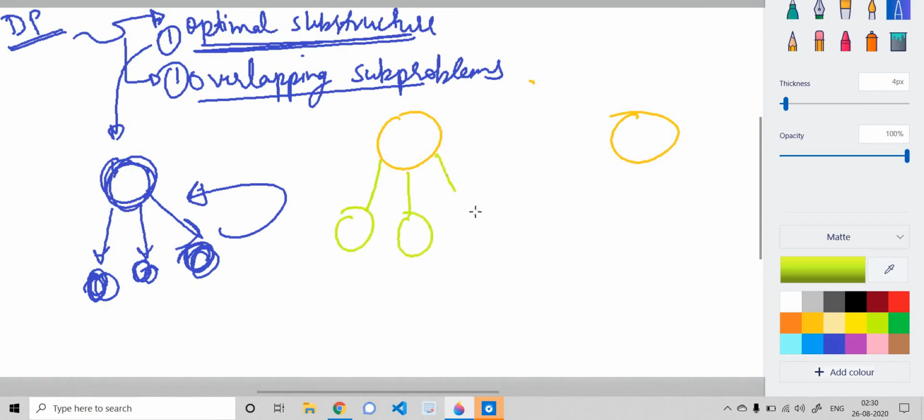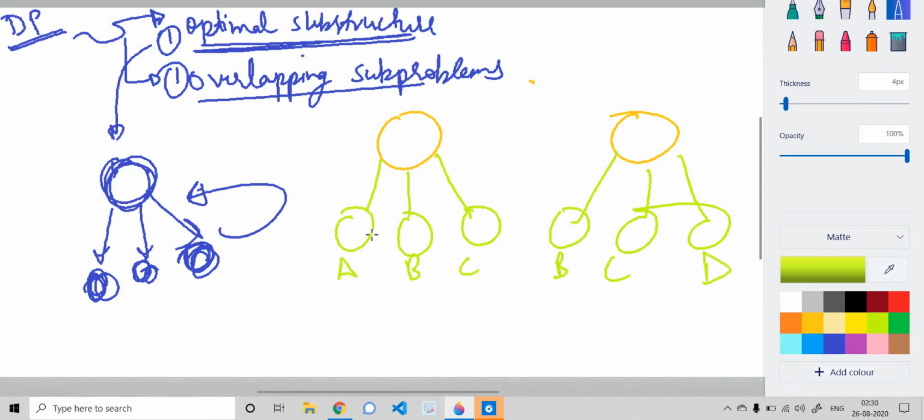Let's call them A, B, C and B, C, D. If we execute all these smaller subproblems individually, it will take a lot of time.